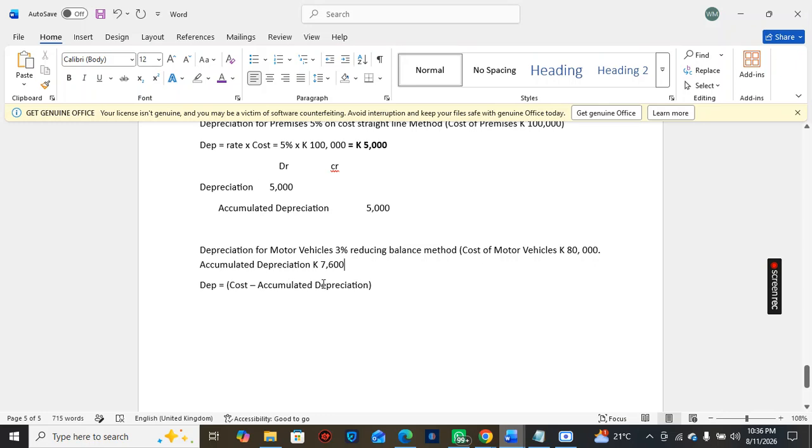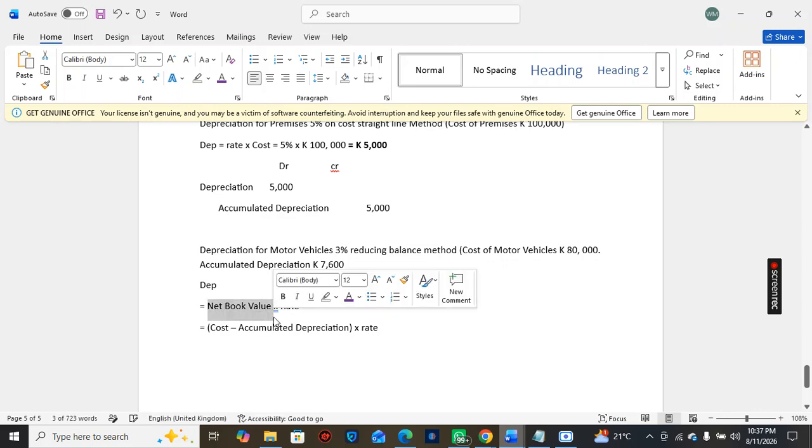Net book value is the current value of the asset. So probably we can put this as: net book value multiplied by rate. All right. Net book value, the current value of an asset.